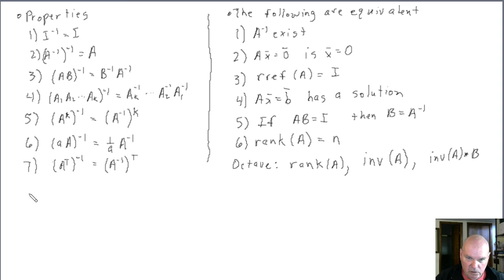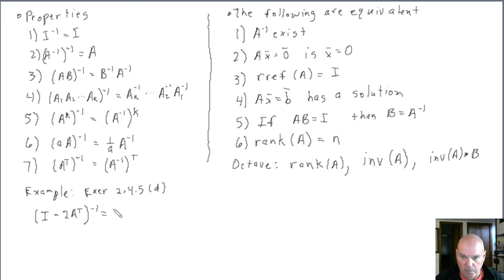I want to just show a simple example. I've modified it a little bit from one in the textbook. This is exercise 2.4.5D, where we're asked to find A when we're given this matrix equation: I minus 2A transpose, inverse, is equal to B. In the problem in the text, B is actually a specific 2x2 matrix, but I just want to work through it in general.